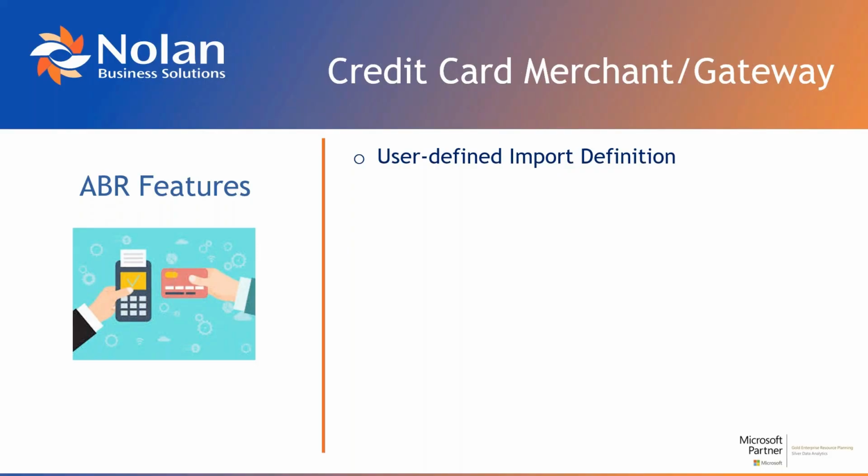Whichever file format your credit card merchant might be providing, whatever the layout of the data in that file might be, with our import definition tool we have the ability to map and import inside GP the information that you require, based on your specific needs, to effectively reconcile your credit card merchant account.